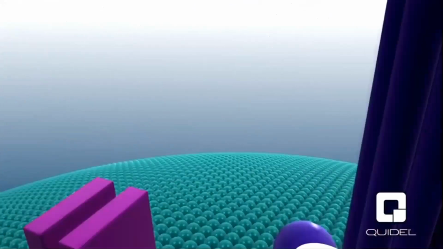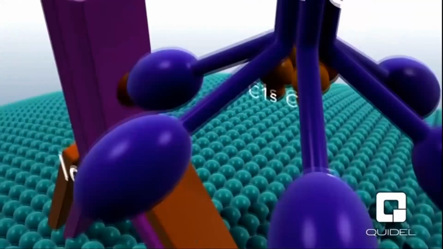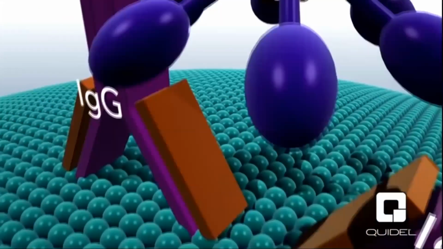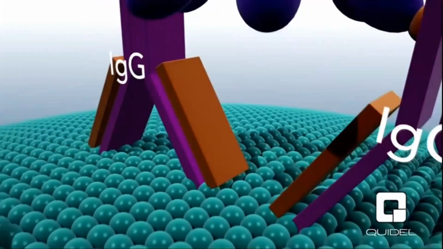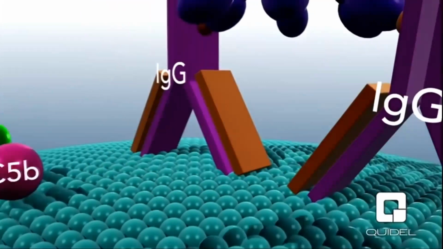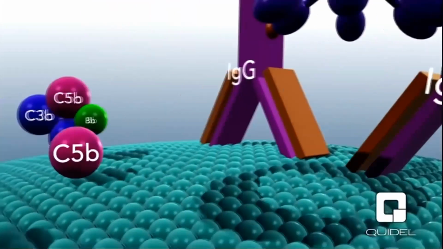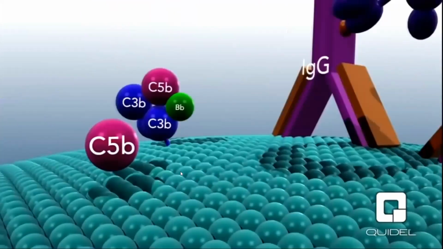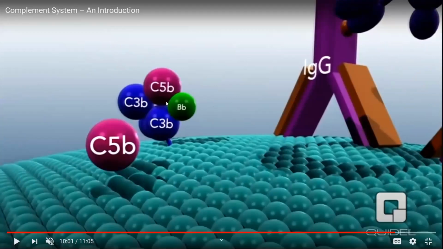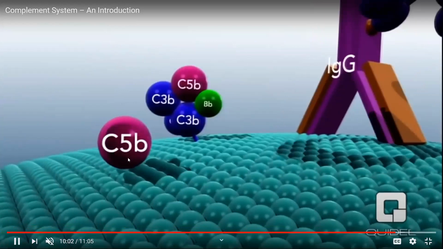And coming back to our previous thing, the C5 convertase that was formed on the microbial cell. Now the C5 convertase is already there. A few of the C5b molecules go ahead and form a separate area for themselves.